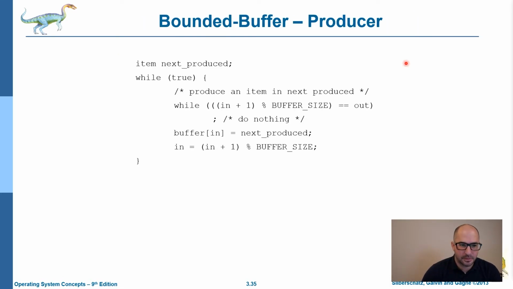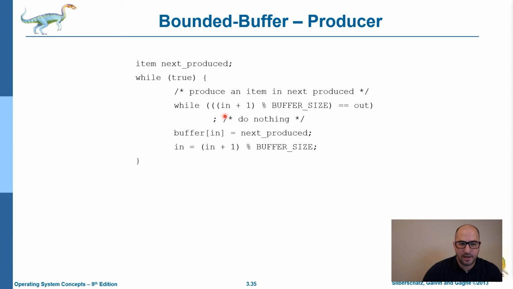From the producer's perspective, it is going to try to produce as many sprockets as it can for an infinite amount of time, one after another, sprocket, sprocket, sprocket. The first thing that the producer checks is: is there space? These two lines are an infinite loop.